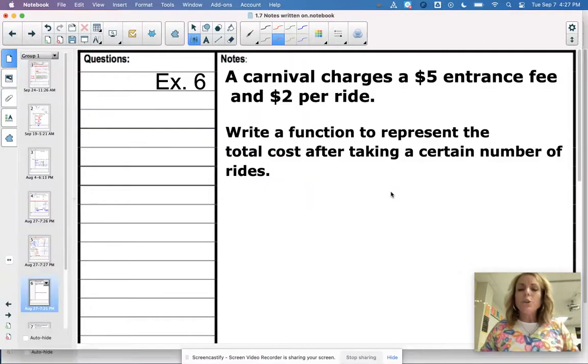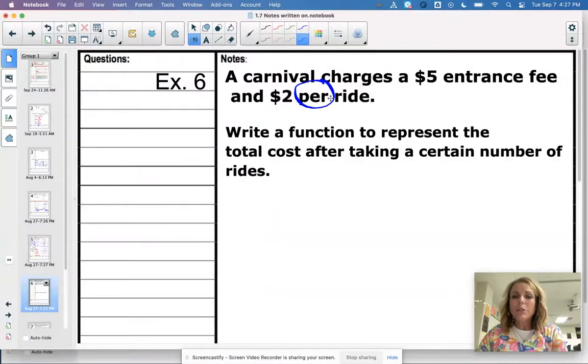Example 6 is a word problem. A carnival charges a $5 entrance fee and $2 per ride. Per, a lot of times you're going to see on word problems, is going to mean we're going to be multiplying. Write a function to represent the total cost after taking a certain number of rides. Well, let's call R our number of rides.